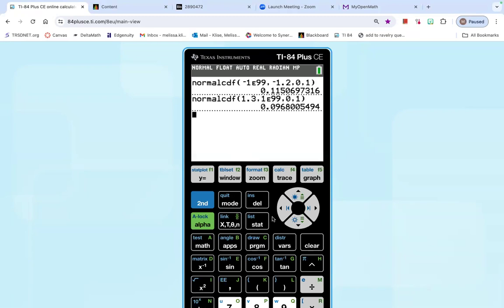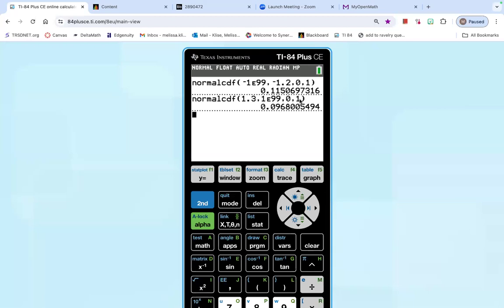It's usually because your operating system hasn't been updated, which you can do by hooking it to a computer, or you just have to type them in the correct order. So this would be your lower. The 1.3 here is lower. 1E99 is upper, then mean, and then standard deviation. So you just have to type them in.